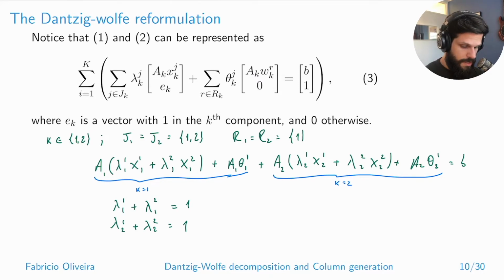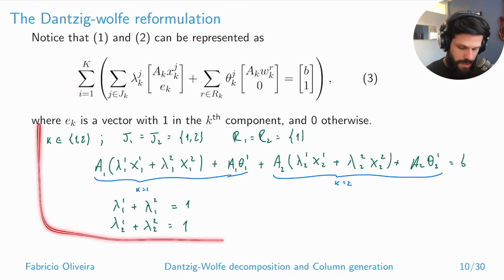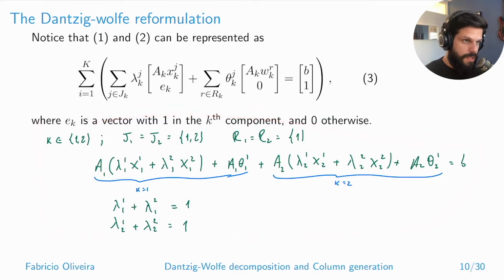So this is how this is representing really this. You have this column of coefficients associated with each of my lambdas, and this column of coefficients associated with each of my thetas, being that ek, that vector that has 1 for the index k and 0 everywhere else. I hope this helps see what this is about.